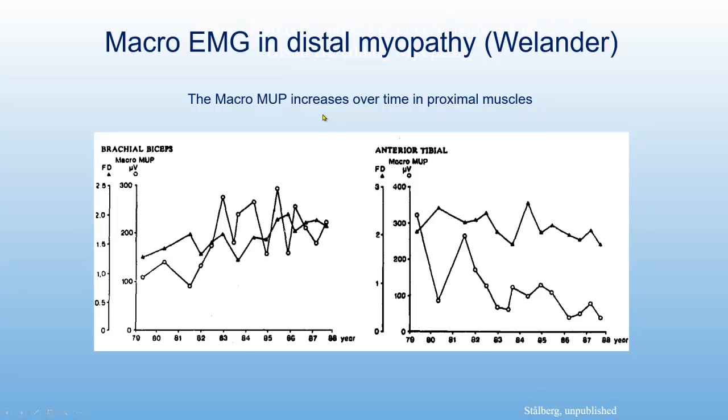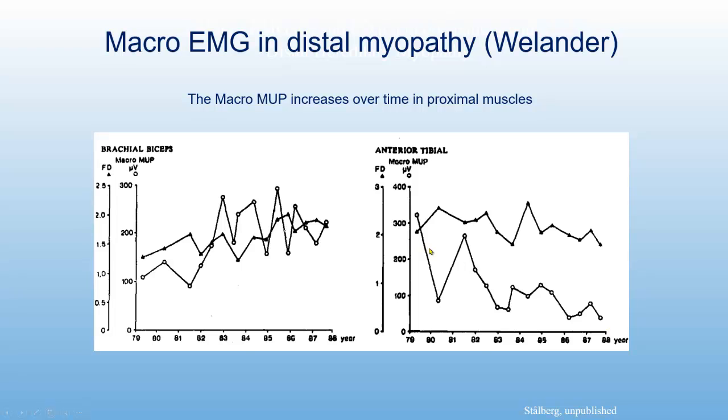When we have patients with proximal myopathy, we often see larger distal muscles, and if we have a distal myopathy we may see a very strong biceps, for example. And here's an example where we measure the size of the motor unit by means of macro EMG over 9 years.